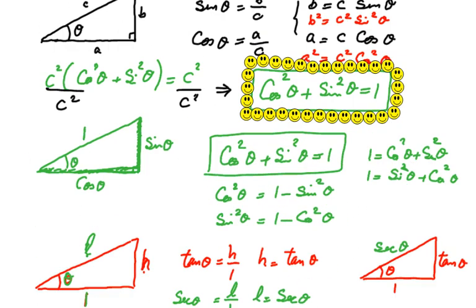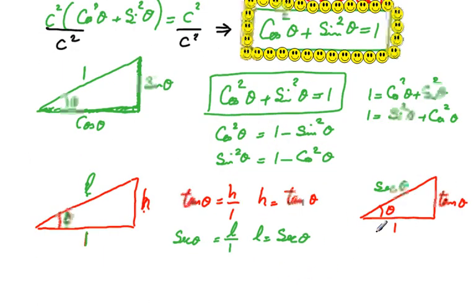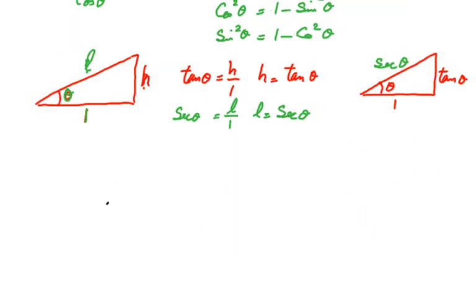So, tell me, in this case, how would that identity look like? You remember, square of one side plus square of the other side is square of the hypotenuse. So what do I say? 1 squared plus tan squared is equal to secant square of theta.